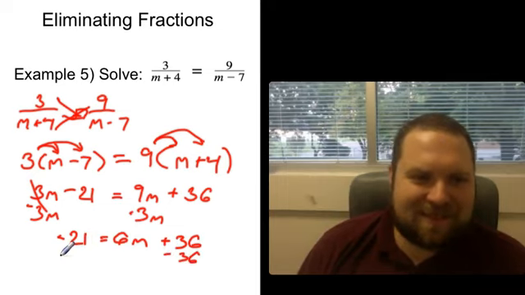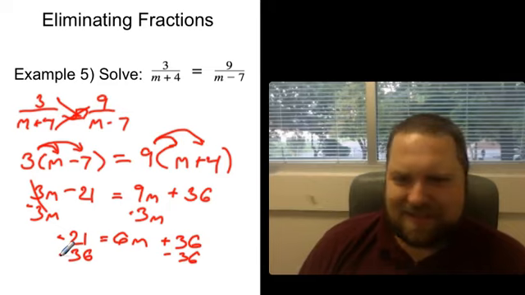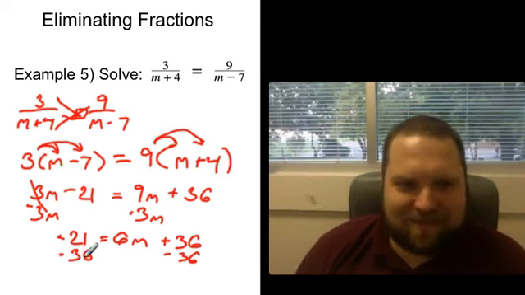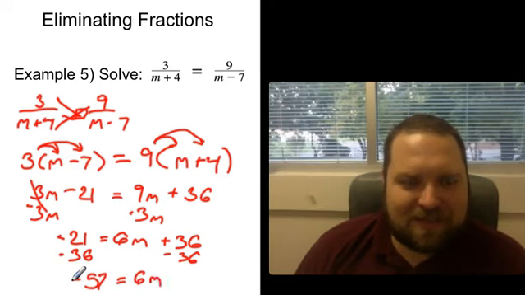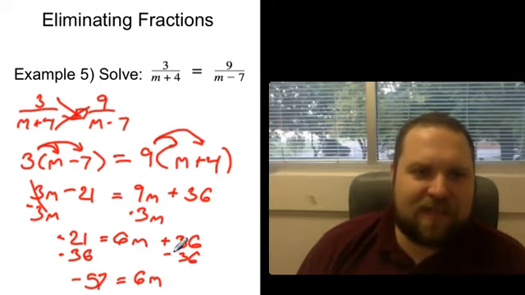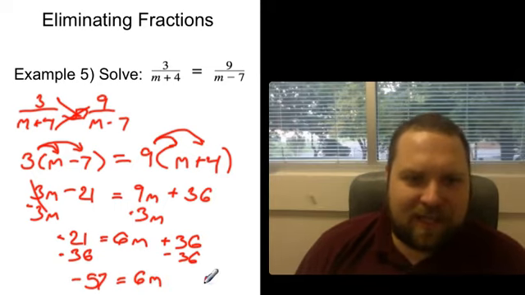Subtract 36 from both sides. But you guys don't actually say yay when it gets to a two-step equation. Shameful, shameful. And so here I get negative 57 is equal to 6m, and divide both sides by 6, and what I get is m is equal to negative 57 over 6.